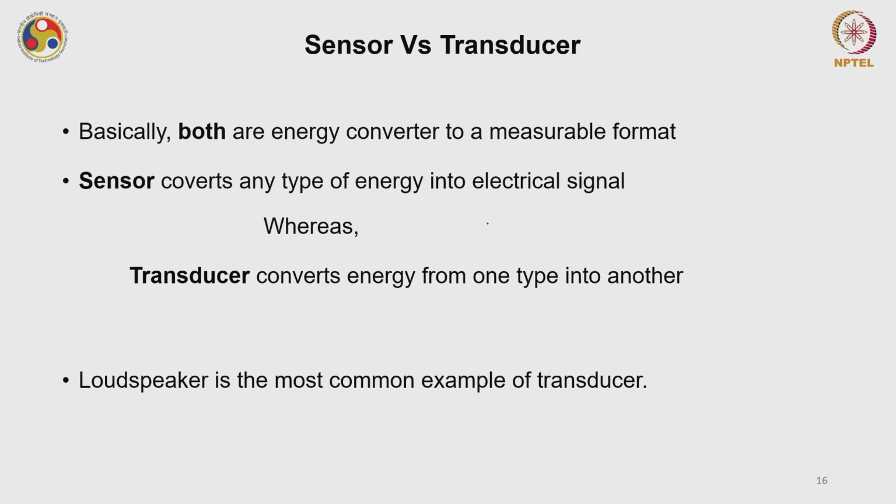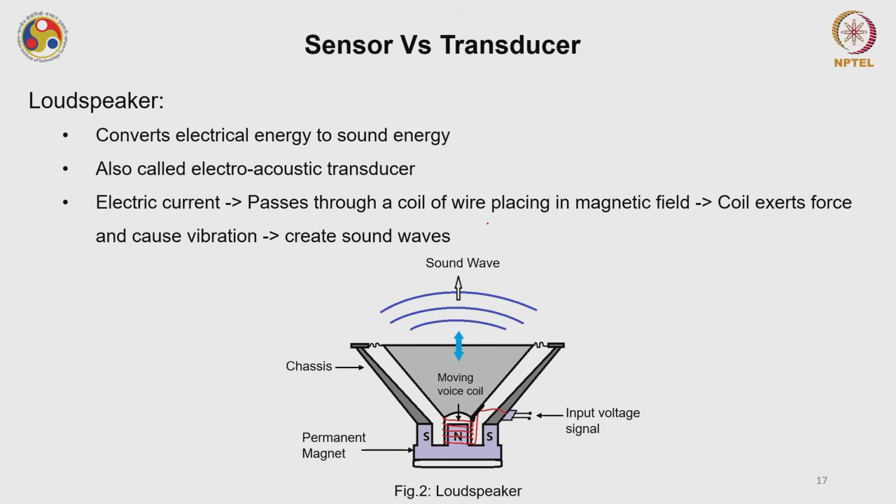One example of a transducer is a loudspeaker. We all know how a loudspeaker works. It converts electrical energy to sound energy. These loudspeakers are also known as electroacoustic transducers. When you pass electrical current through a coil of wire placed in a magnetic field, the coil exerts force and causes vibration, which creates sound waves.